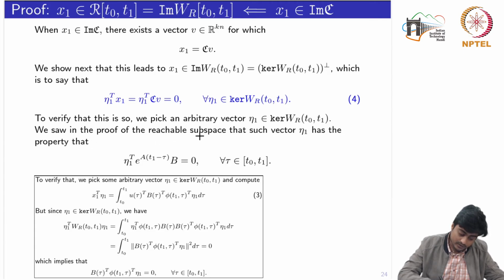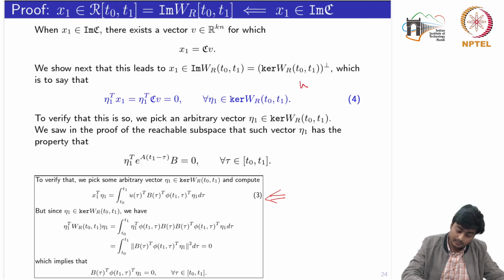In the proof of the reachable subspace we had seen, from that proof we will borrow one property. Here we won't be showing that property, so this is just a snapshot which I had taken from the other proof, where we started with x1 transpose into eta 1, and then we wrote one quadratic form, and then we showed that this quadratic form is nothing but equal to 0, because eta 1 belongs to the kernel of this WR, right?